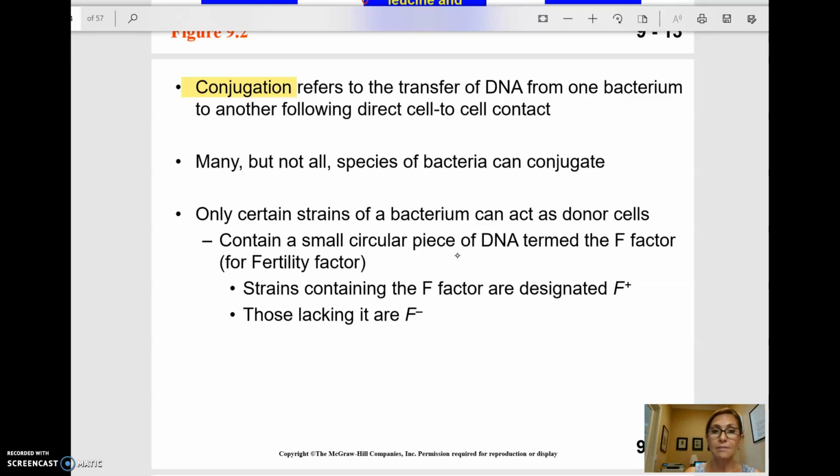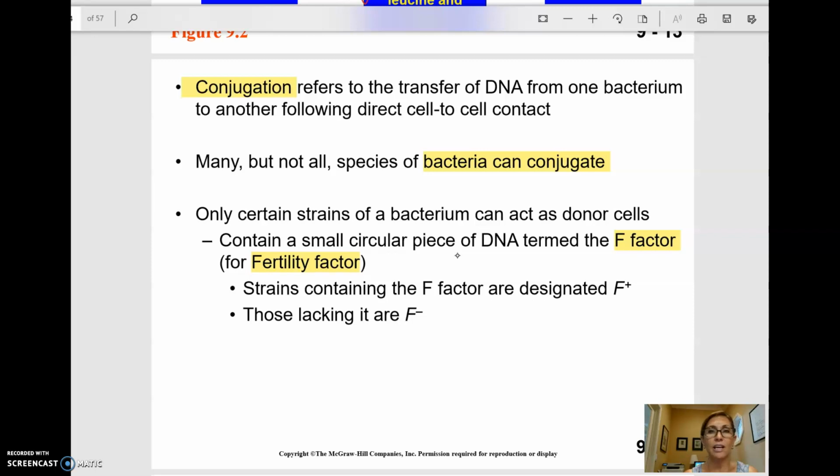So, in many but not all species, bacteria have the ability to touch each other and conjugate or exchange pieces of DNA. This was discovered by using a type of bacteria that carries a gene called F factor, or fertility factor. Now, don't confuse this again with fertilization.